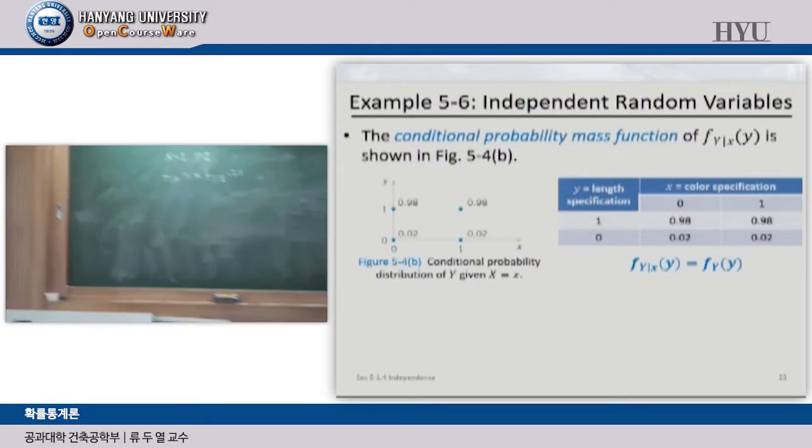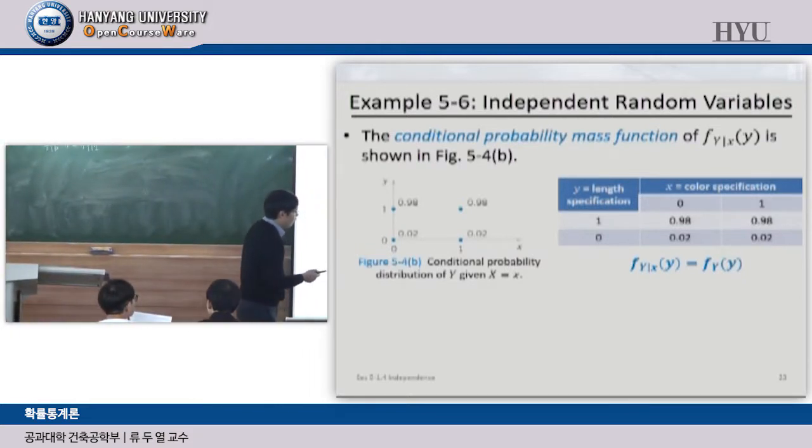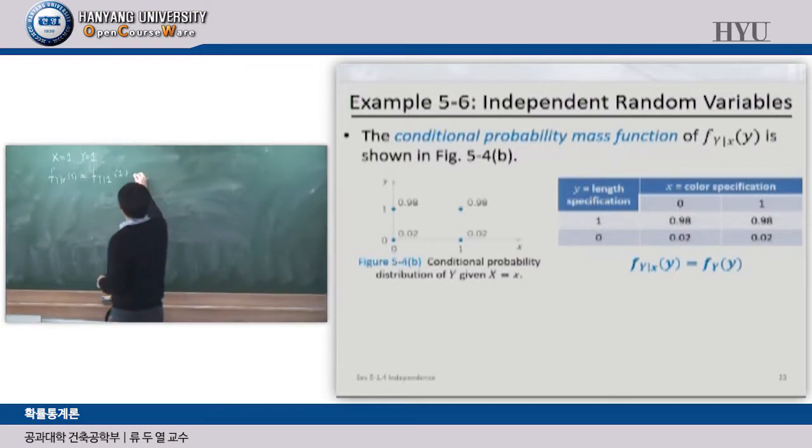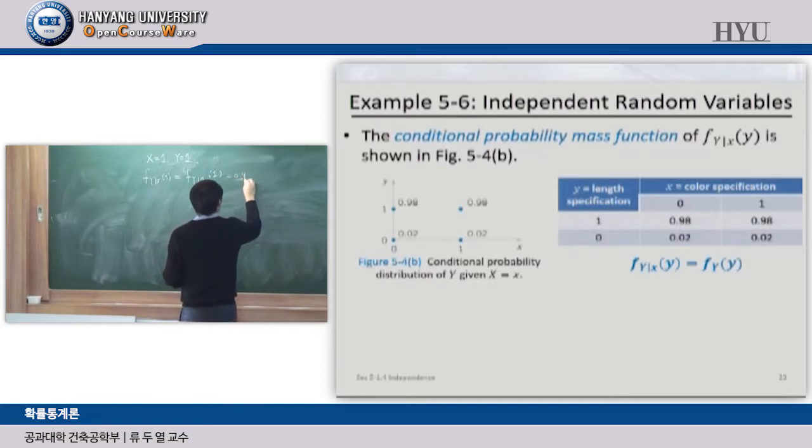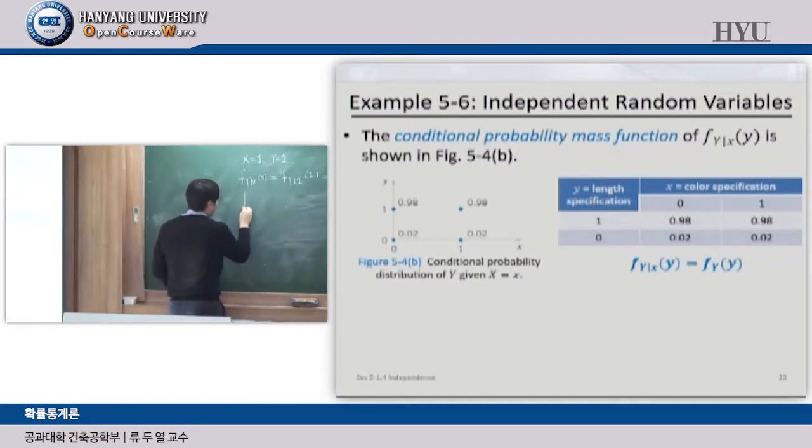Based on this table, the conditional probability of y equal to 1, given that x is equal to 1, is 0.98. And what about the marginal probability mass function of y when y is equal to 1?